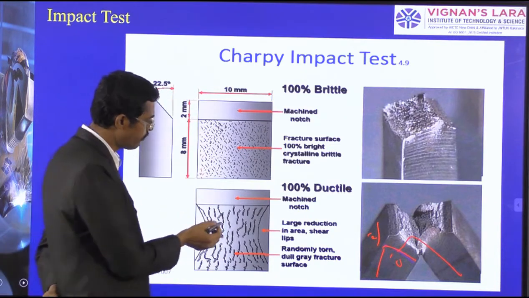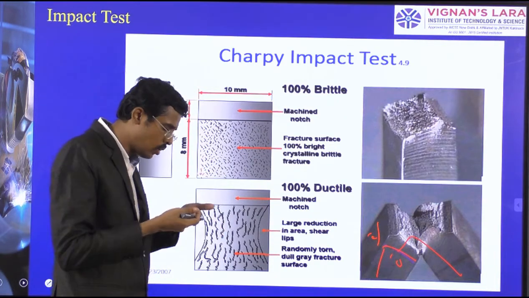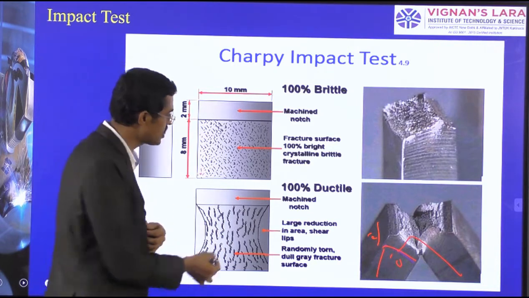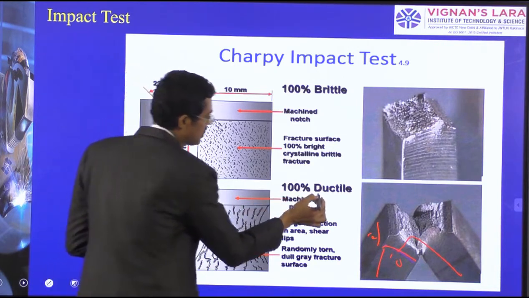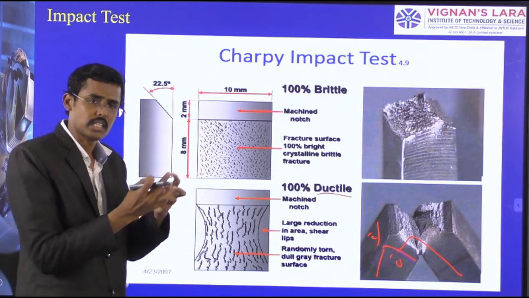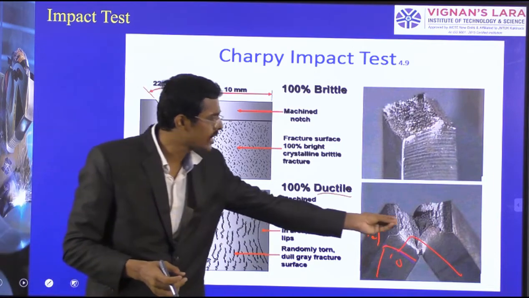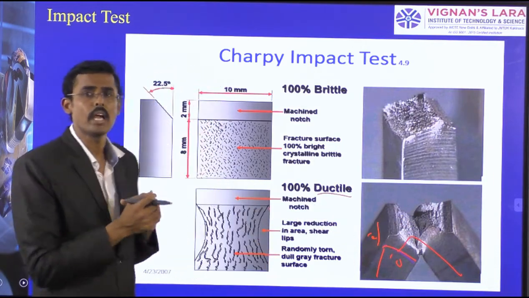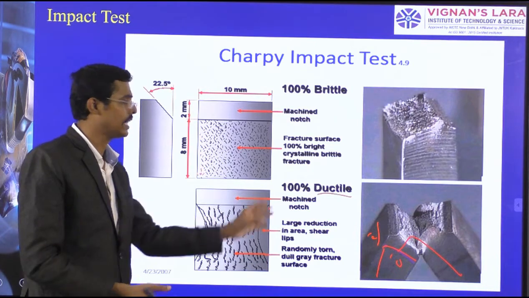After breaking, by visualizing those specimens, we can tell whether it belongs to the ductile mode or brittle mode. If the specimen looks like this in texture, we can tell it is 100% ductile, because it is elongated, and we are getting a little bit of cup and cone. So I refer to this as ductile in nature.